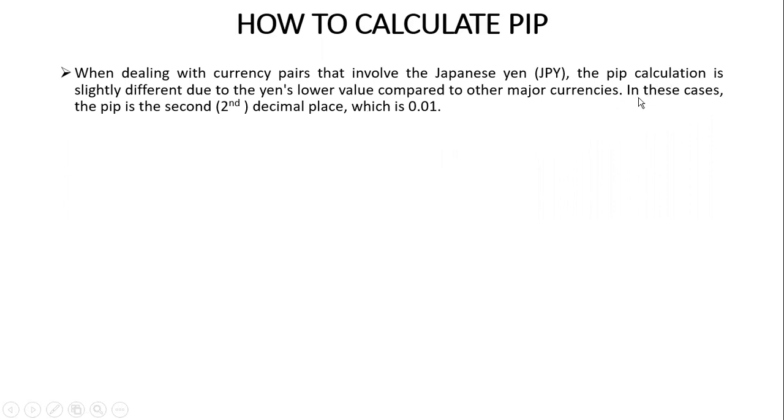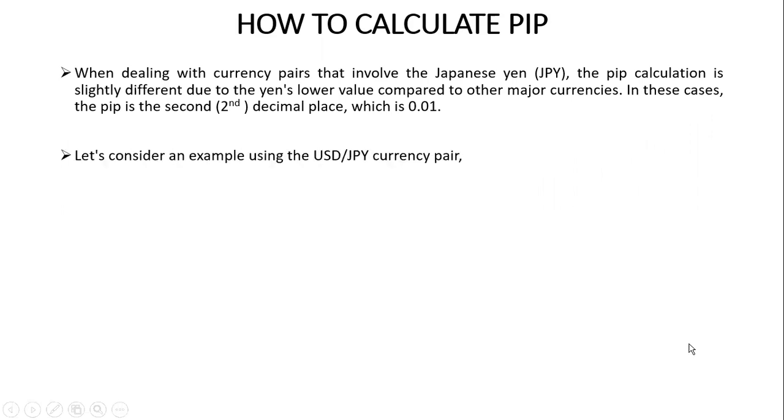This means that the pip is in 2 decimal places, which is 0.01. So you'll be looking at 2 decimal places when you're dealing with Japanese yen currency pairs. The pip calculation will be in 2 decimal places.